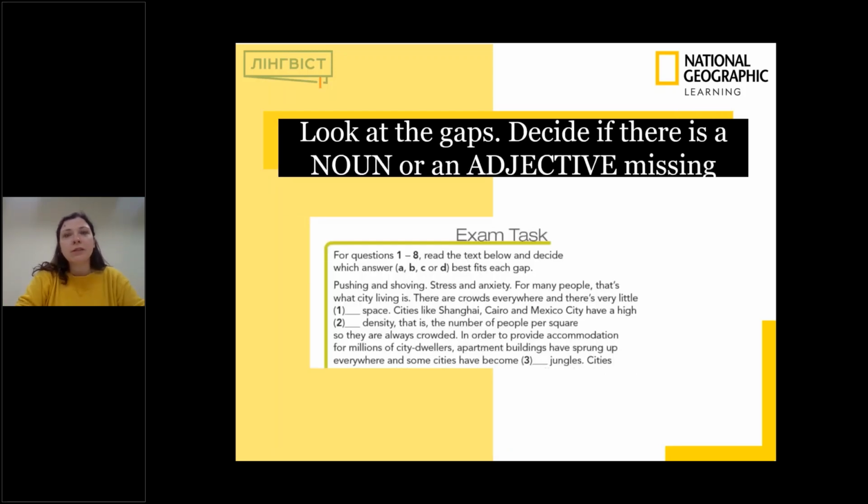If your students are weaker and they don't really get the idea, for them it's really difficult, you can help them. Yeah, you can start from big support. For example, look at these first three gaps and decide if there is a noun or an adjective missing. That's all. All they need to do is to understand if it's a thing or if it's a description. That's all.